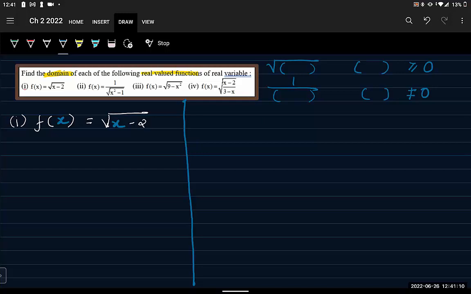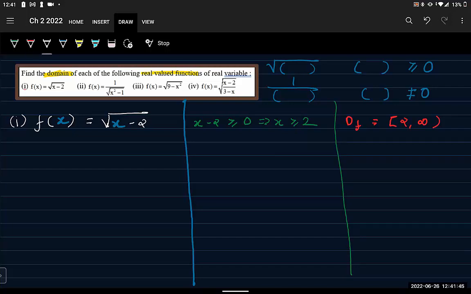So we can say the value inside the root, x minus 2, must be greater than equals to 0, which says obviously x must be greater than equals to 2. So the domain of this function should be starting from 2 to infinity. Since 2 is included, we'll write the square bracket. With infinity, there is always an open bracket. So the domain of the function will be 2 to infinity.